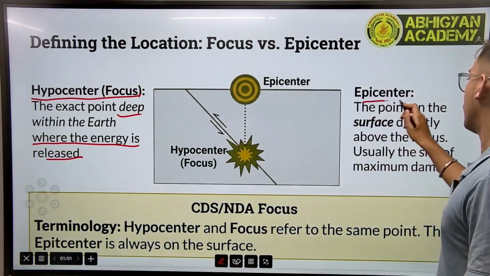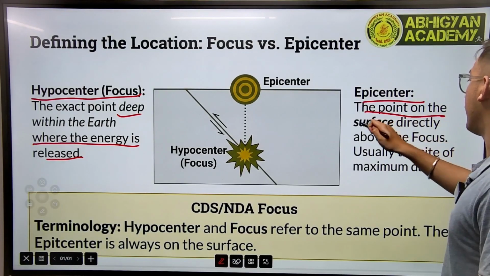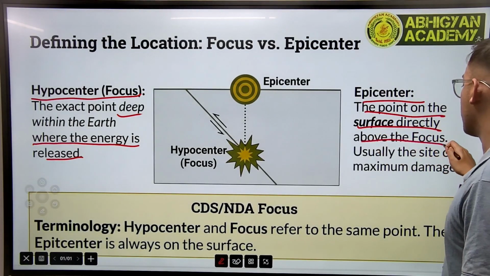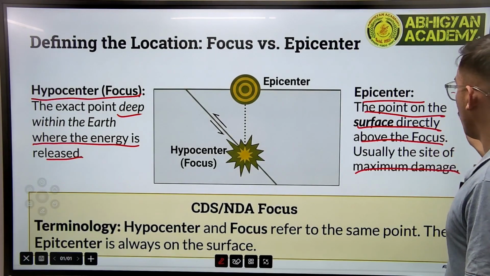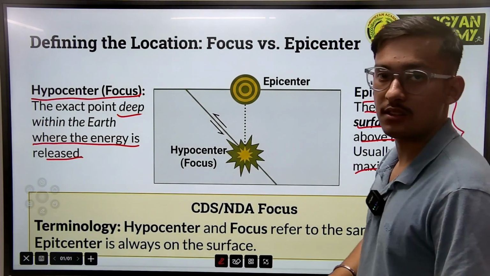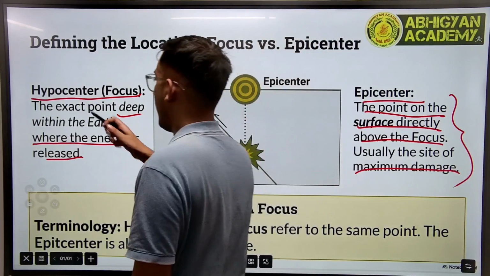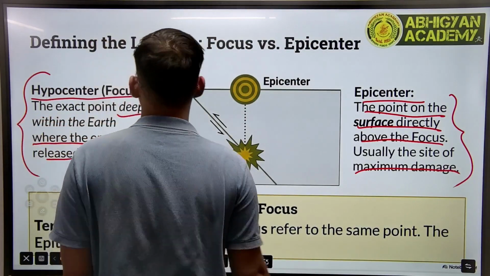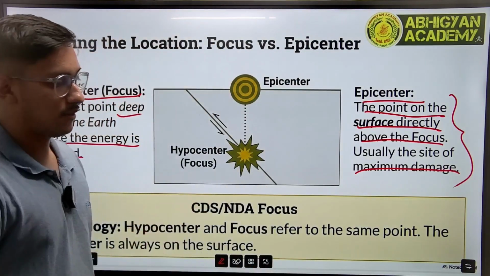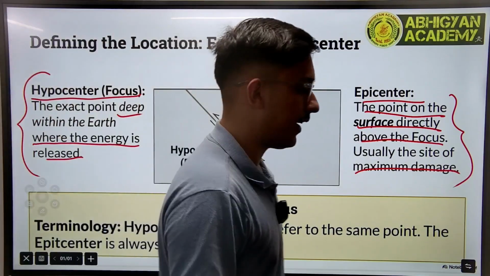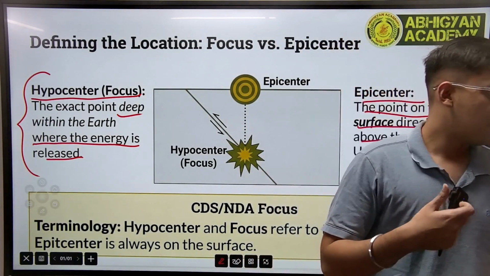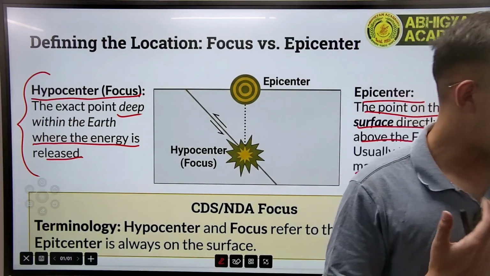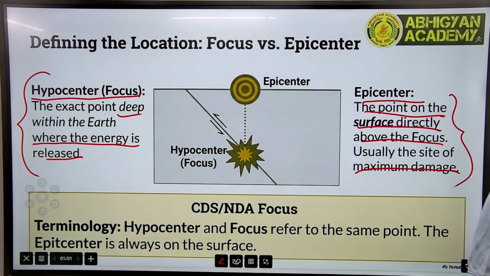And we have the epicenter, the point on the surface directly above the focus where there is maximum damage. So on the surface we have the epicenter, in the interior of the earth we have the hypocenter. The hypocenter is also known as your focus. This is an important part. The hypocenter is in the interior of the earth, while the epicenter is on the surface and causes maximum damage.